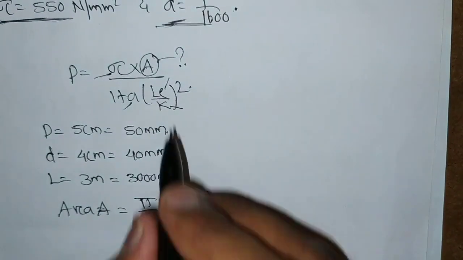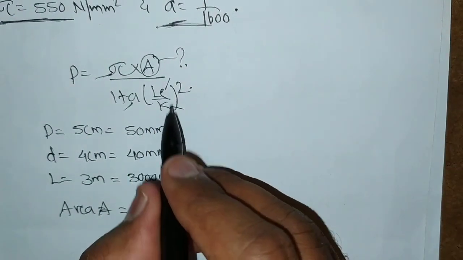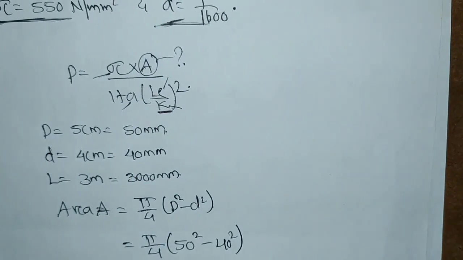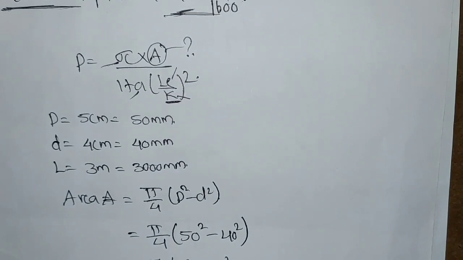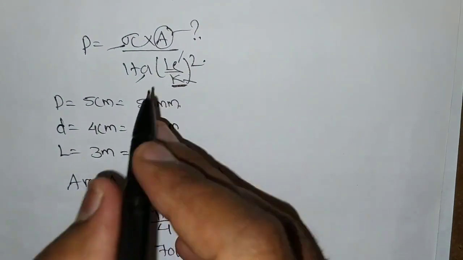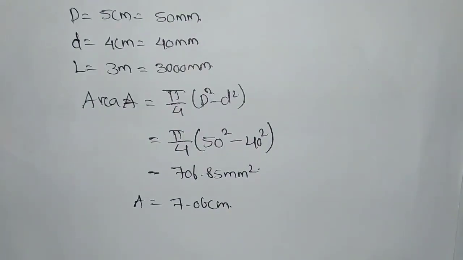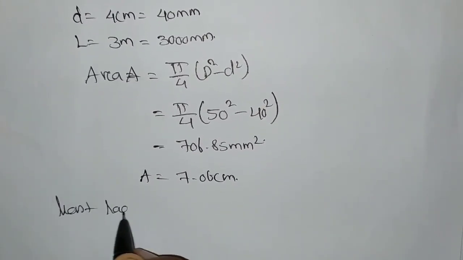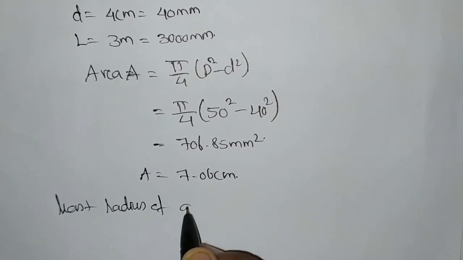Now the effective length LE we have to find out, and K value we have to find out. To find out the K value, what is the formula? K is equal to root of I by A. K is nothing but the least radius of gyration.